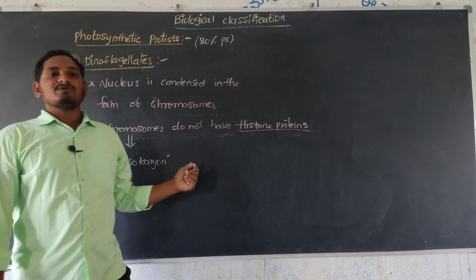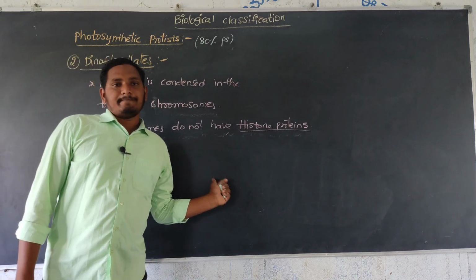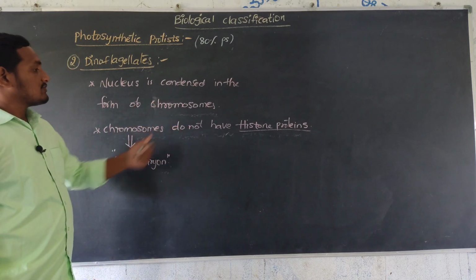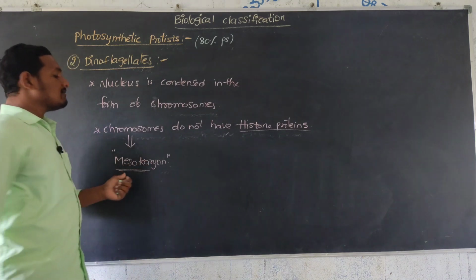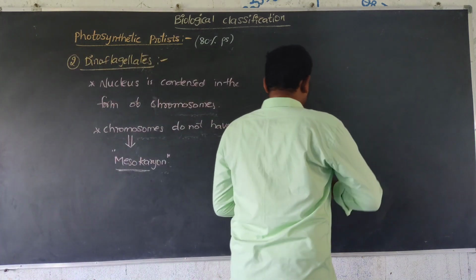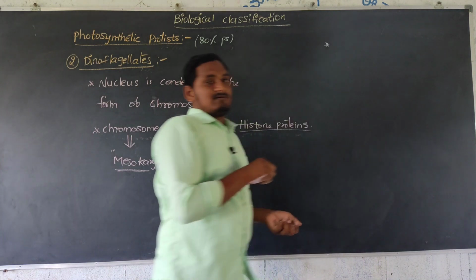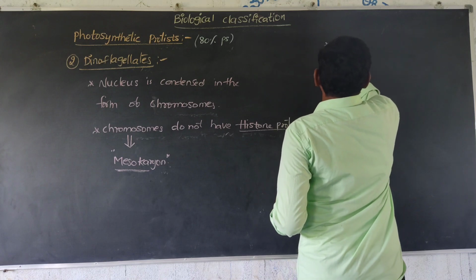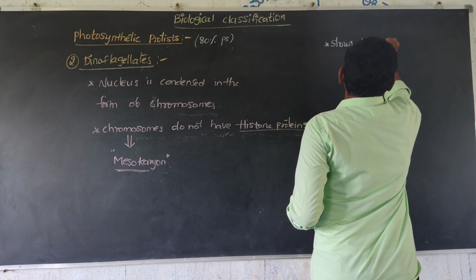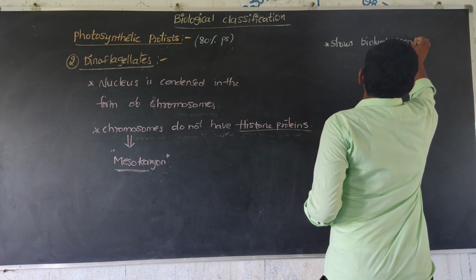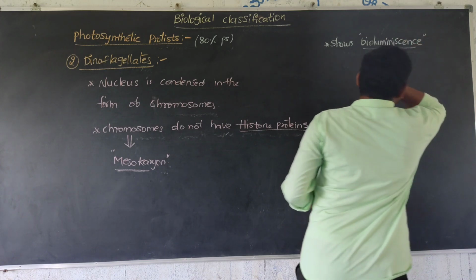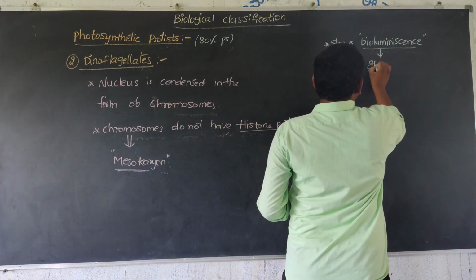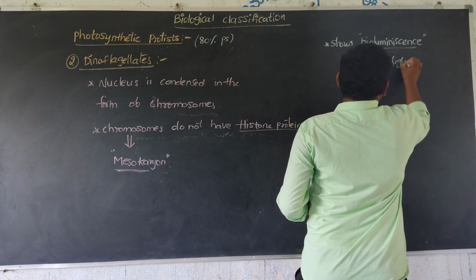Histone proteins are a type of protein present along with the DNA. Genetic material without histone proteins is called mesokaryon. Next, some dinoflagellates show bioluminescence. Bioluminescence means giving light in their body.